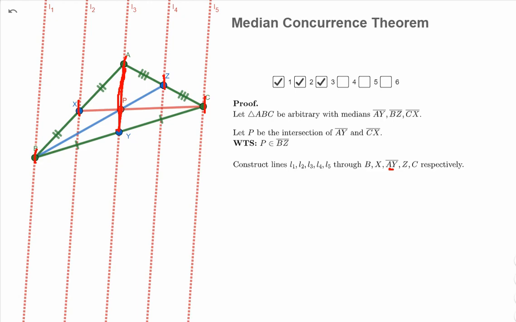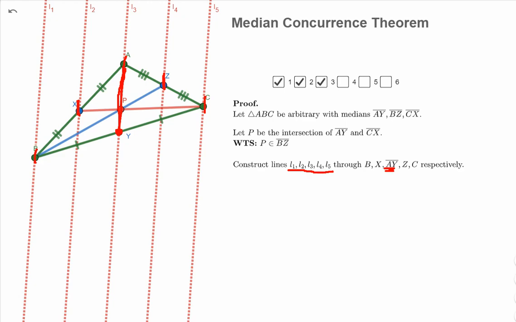AY goes through a midpoint already, Y, and so we're going to draw a line through these other midpoints. I didn't say it explicitly in the text, but these lines are all parallel to each other, and because they include AY, all of them are parallel to the median segment AY.